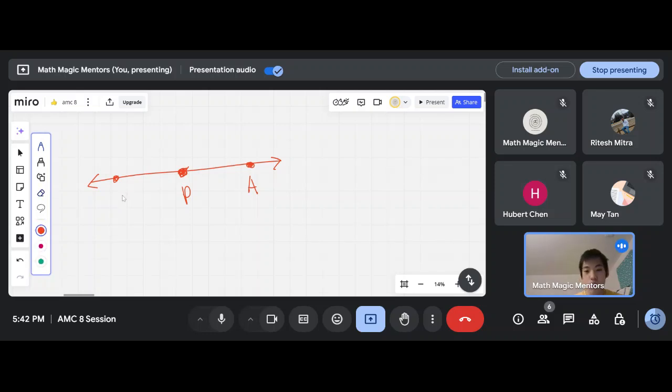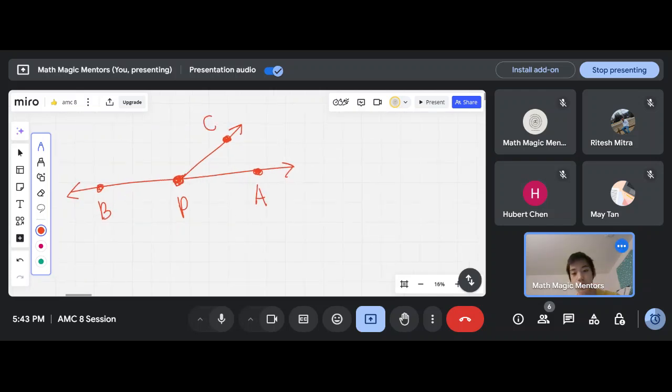These are kind of arbitrary. We don't actually need to pick a specific point to be point A and B, but let's just say A is to the right of P and B is to the left of P, and we're going to draw a ray, just like that. And then let's say on that ray, distinct from P, there's a point C, right?